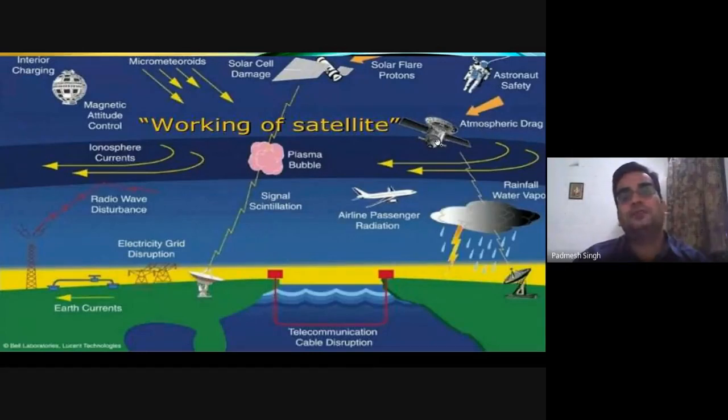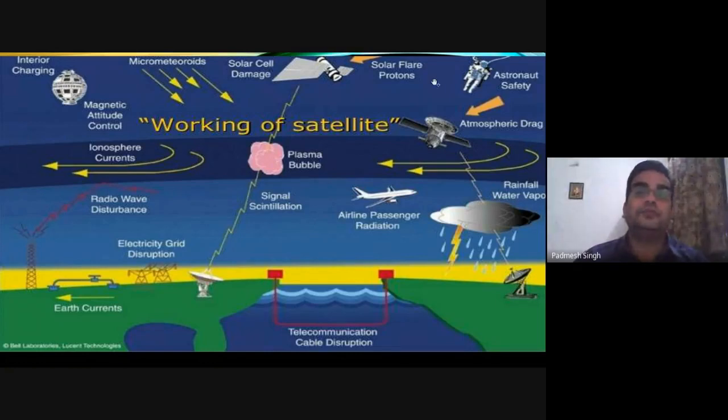Atmospheric drag means the impulse of wind. That impulse of wind, or there is a very rare wind, but its slight impulse can disturb its position, which is being maintained by the rocket arrangement made in these satellites.